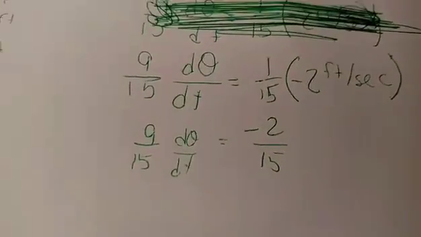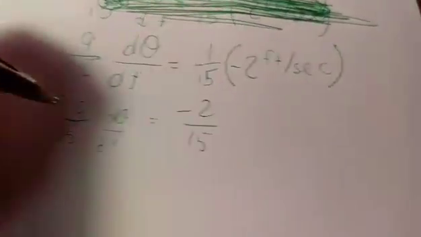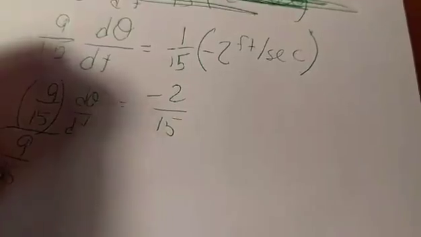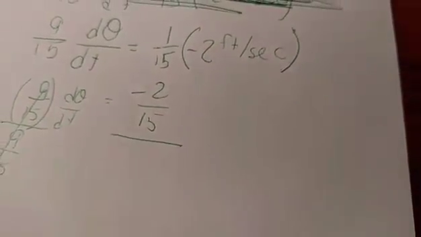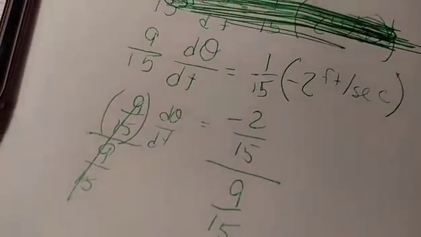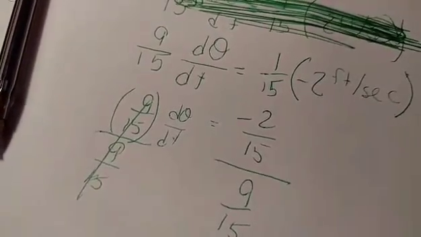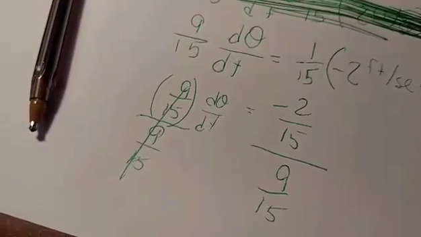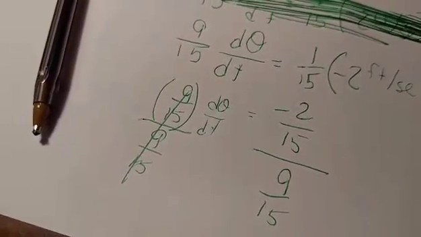Now to isolate d theta dt, we're going to have to divide this quantity out. So we're going to do 9/15 divided by 9/15. That canceled out, and now we have to do negative 2/15 divided by 9/15. And that gives us a final answer of negative 2/9.